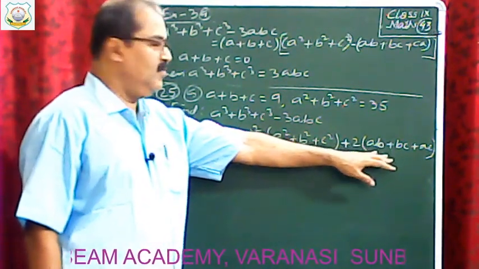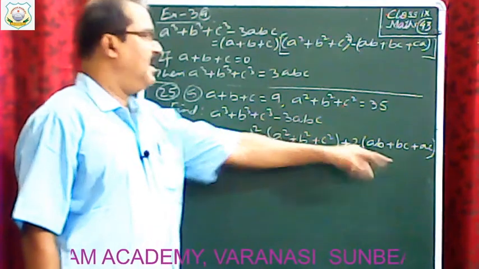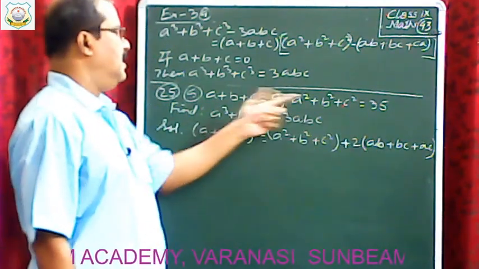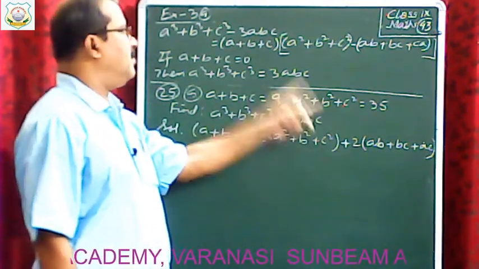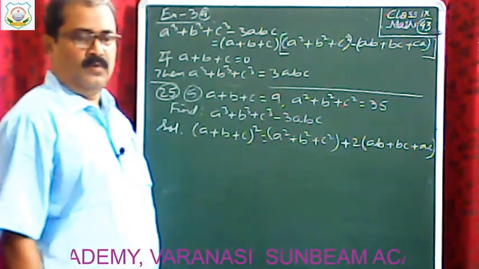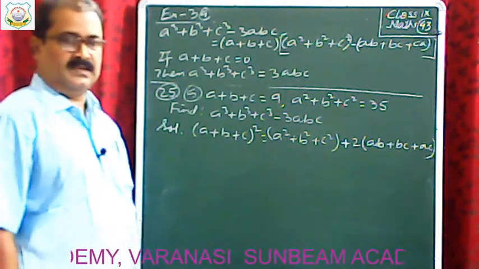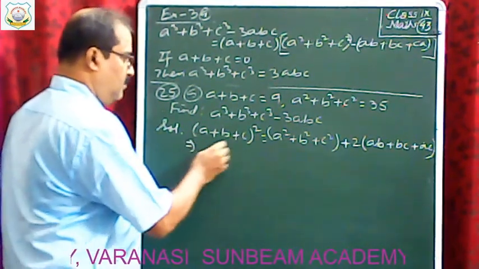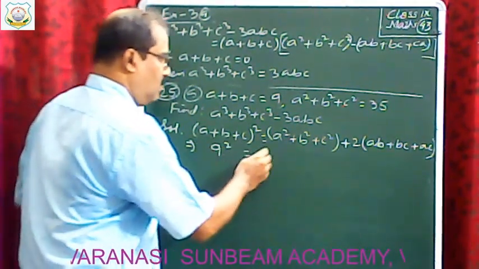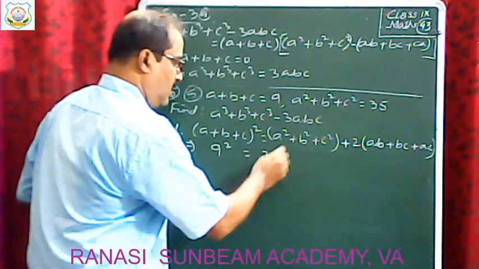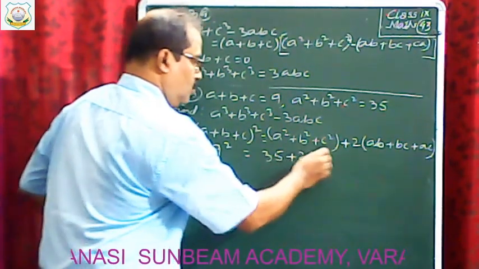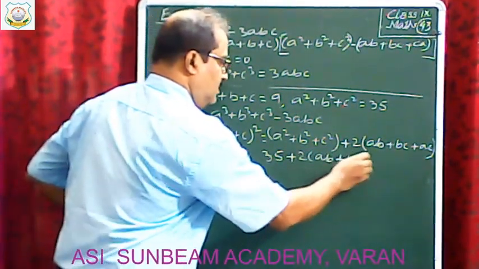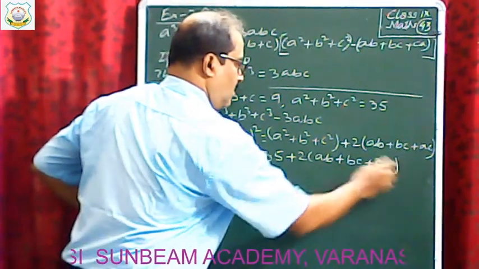After getting the value of ab plus bc plus ca, and we have a plus b plus c and a square plus b square plus c square, we have to put them in the formula of a cube plus b cube plus c cube minus 3abc. To calculate, 9 square equals 35 plus 2 times ab plus bc plus ca.